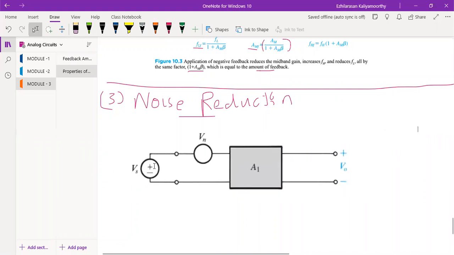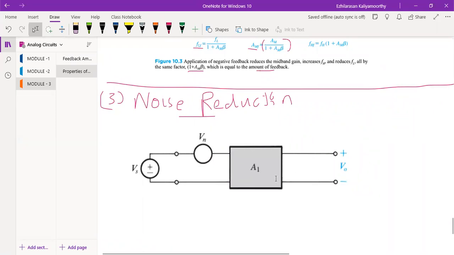The negative feedback can be employed to reduce the noise or interference in an amplifier, or more precisely to increase the signal to noise ratio.